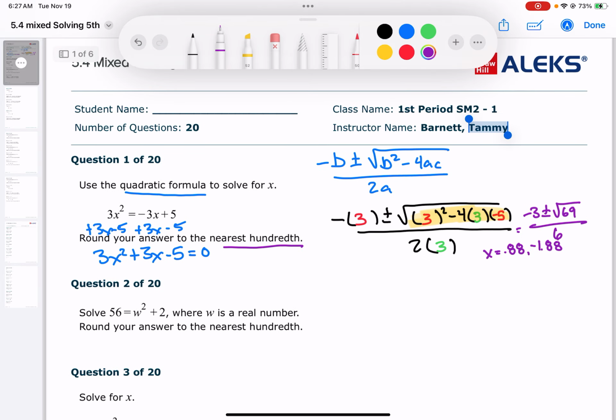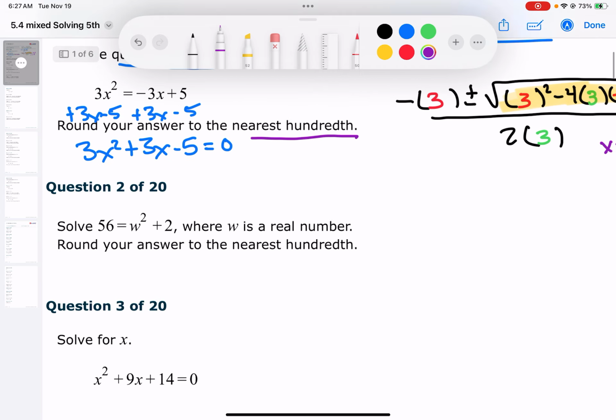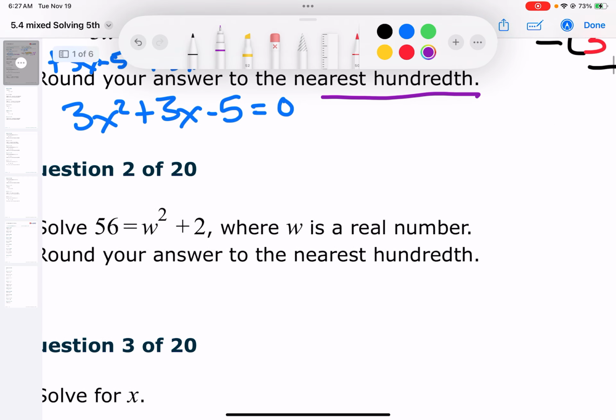Let's say solve that one. Okay. The next one just says solve, so there's probably a good chance that we can do the square root on this one. So what I'm going to do is minus 2 from each side. So it's going to give me 54 equals w squared.